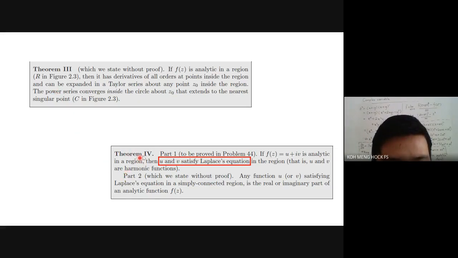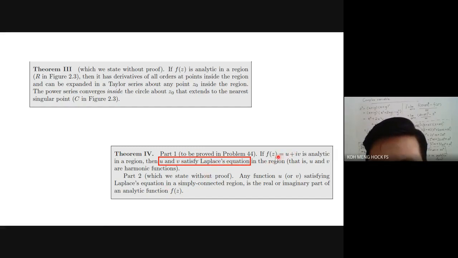Now the next one, theorem 4, is very important because this is what we also included in our course content. Here you will come across the Laplace equation. I will write down later what the Laplace equation is. Very simple equation.